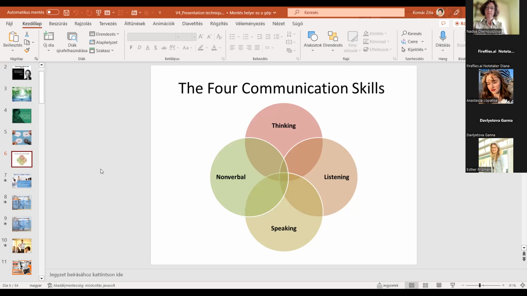And I think those who have been using Teams or online communication, let's say not just Teams or Zoom, got used to the feeling that it is really different to present online than to present offline, like in a real life situation. And why is it different? The difference is that we cannot see the nonverbals, or we see a very, very tiny part of the nonverbals.